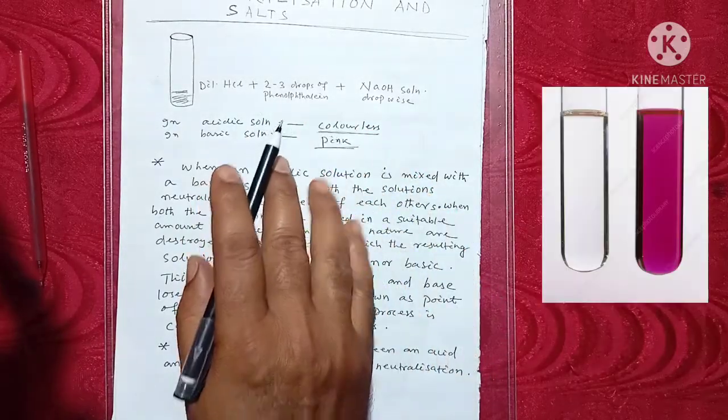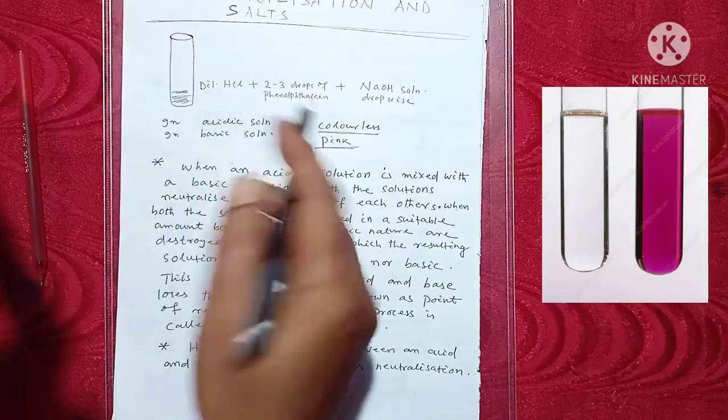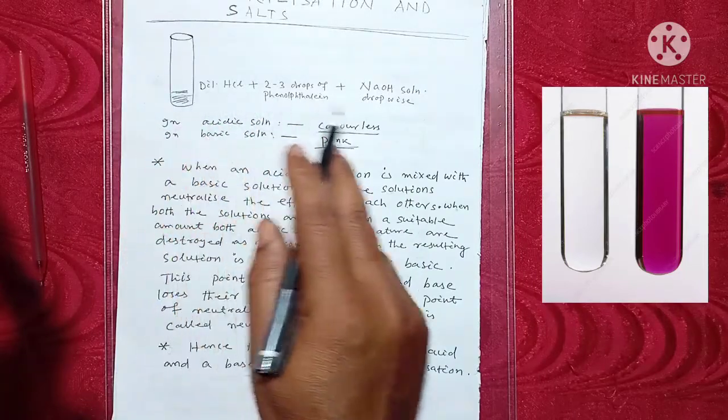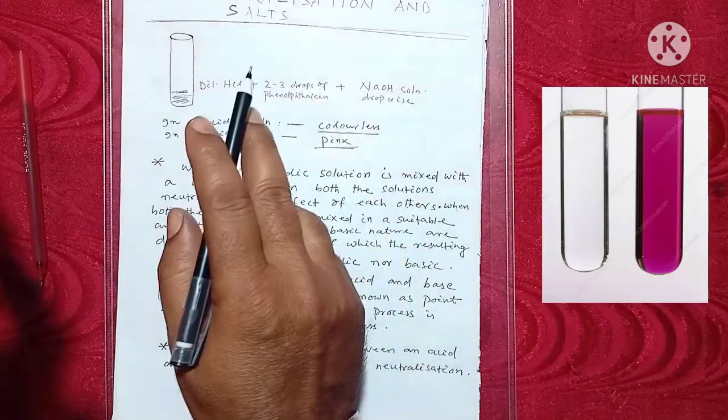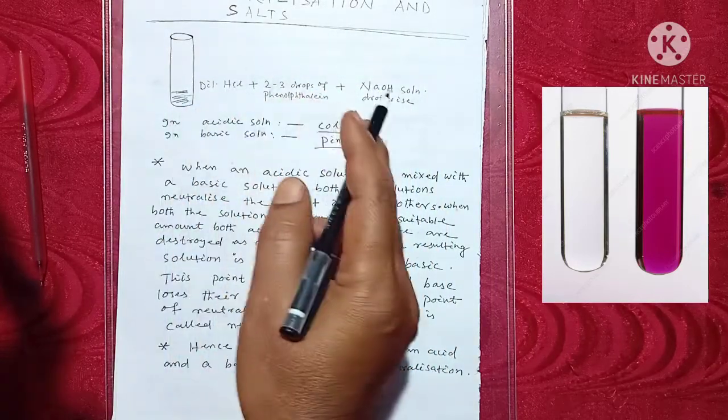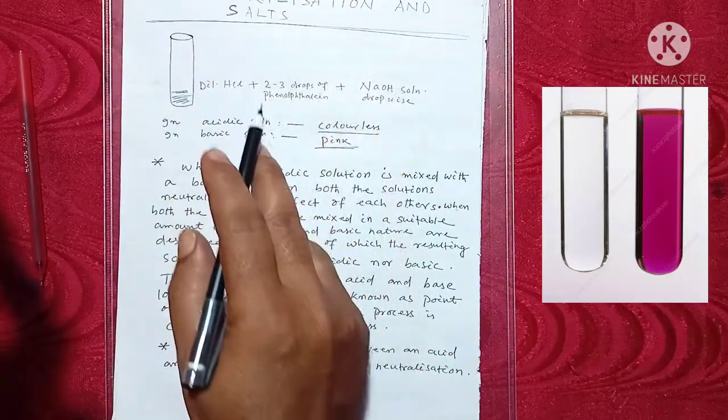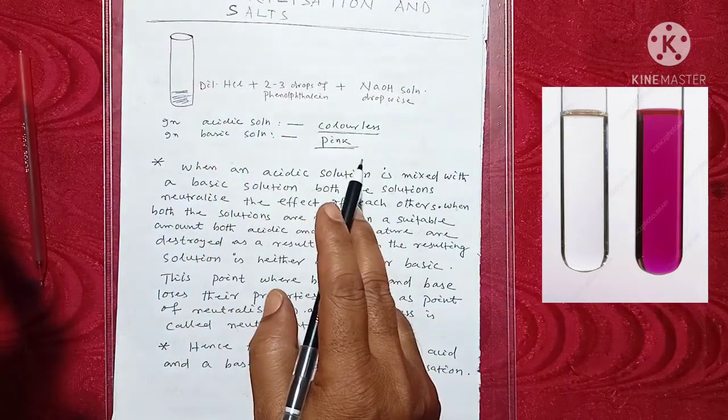When we add 1 or 2 drops of HCl again, it becomes colorless. When we again add 1 to 2 drops of sodium hydroxide solution, it becomes pink.